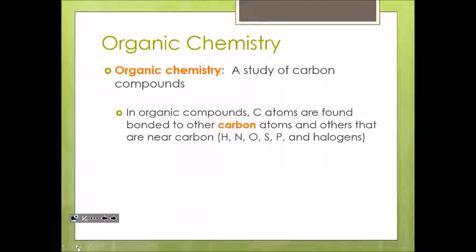These are all good examples. Just to clarify though, you want to look for ones that have carbon and hydrogens bonded together with other nonmetals. That's a huge indicator that we're talking about something organic.